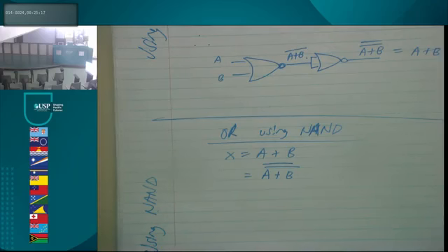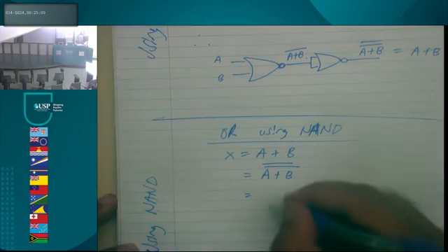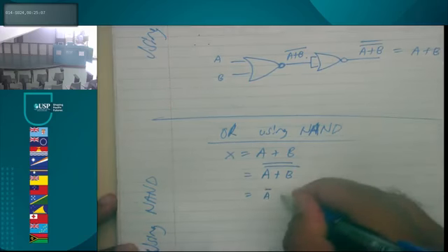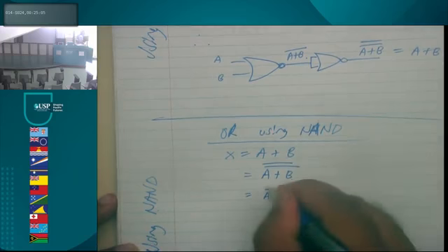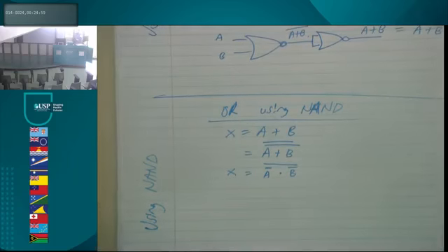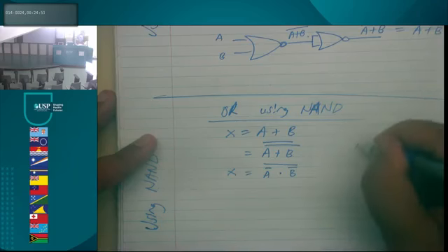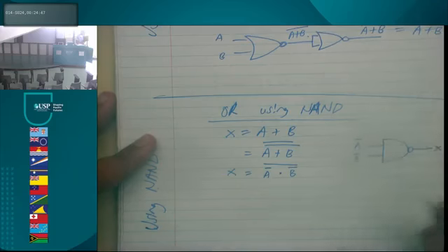Now using De Morgan's theorem, we break the lower bar and change the sign. So what we are saying here is that's a NAND gate. Yeah, we're using De Morgan's.